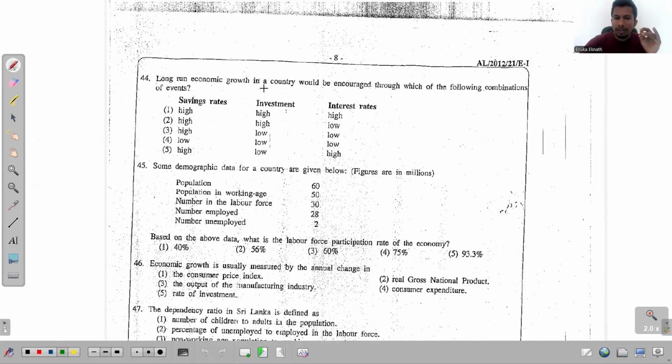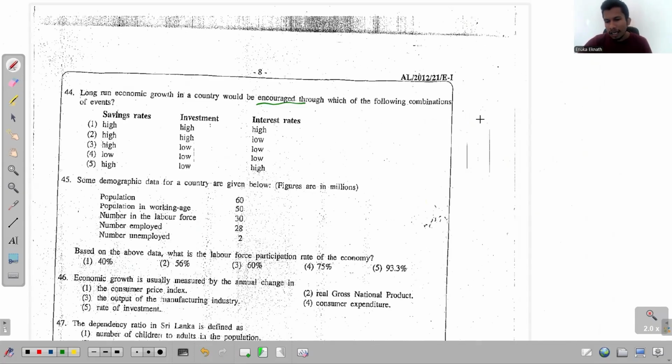Long-term economic growth in a country would be encouraged through which of the following combinations of events? එහෙනම් long-term economic growth එකක් වෙන්න නම් මොකද්ද වෙන්න ඕනි? Aggregate demand should go up and then the production should go up.